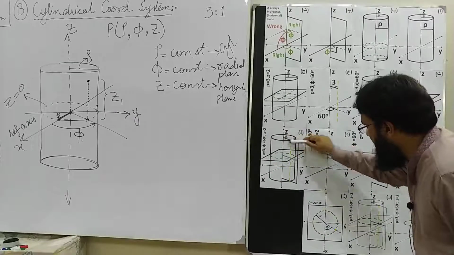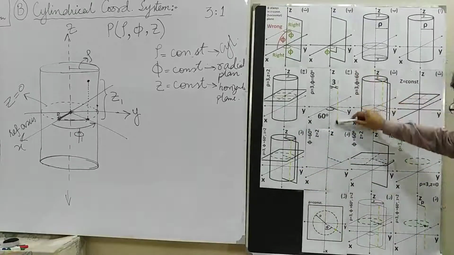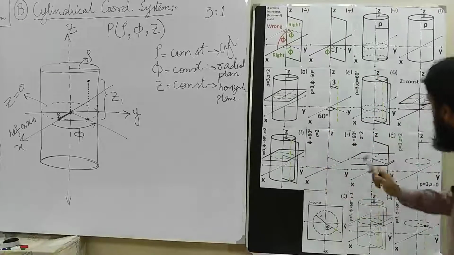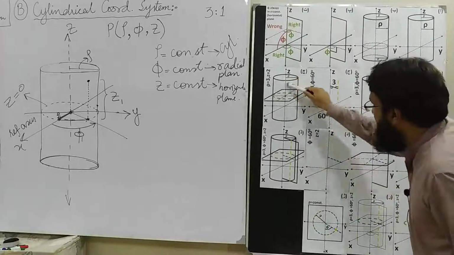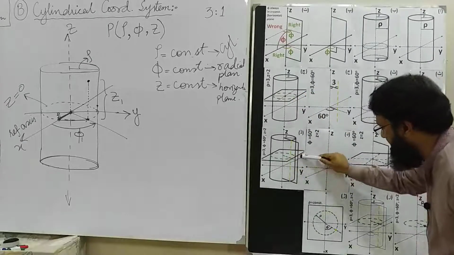At the intersection of this cylinder and this radial plane, we have got a line, this yellow line. And at the intersection of this cylinder and the horizontal plane, we have got this green circle.